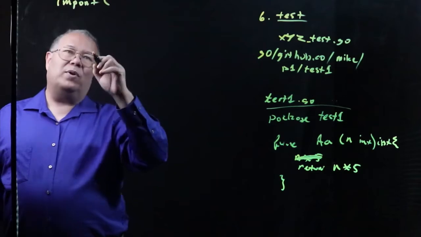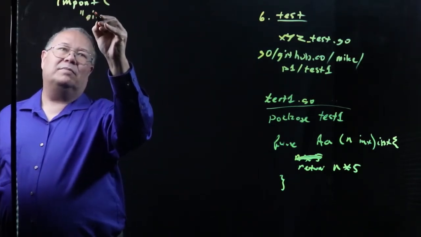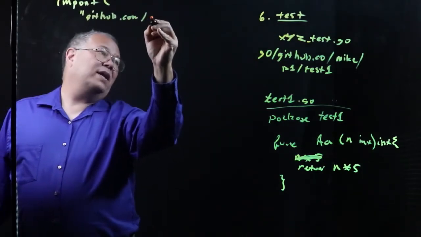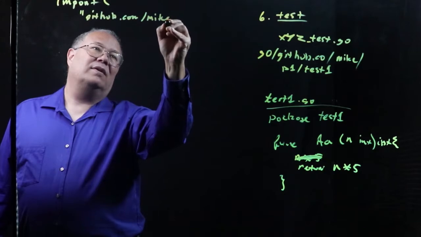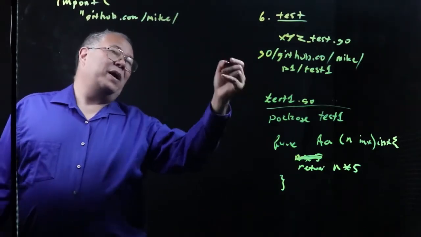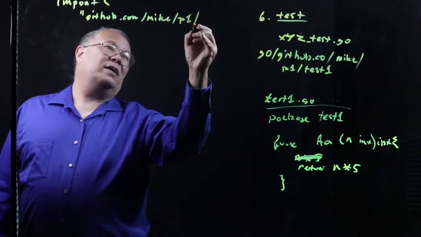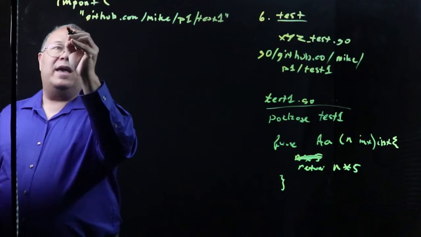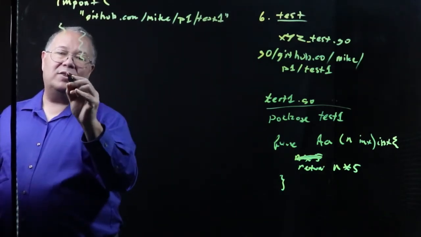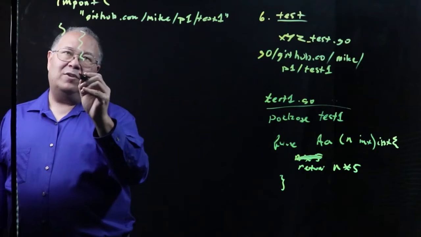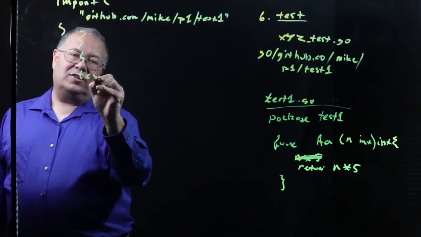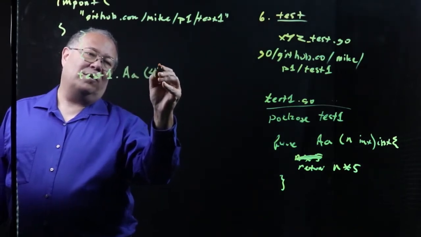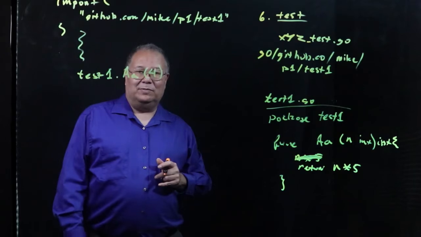And underneath import, I can say github.com/Mike, who we did here, Mike/ and our package was P1, our top package, and we can have this other package test1. And then inside my code, inside the main function or in some other function inside the main package, I can say test1.aa of 4 and expect to get back 20.